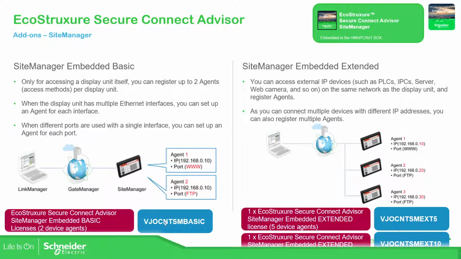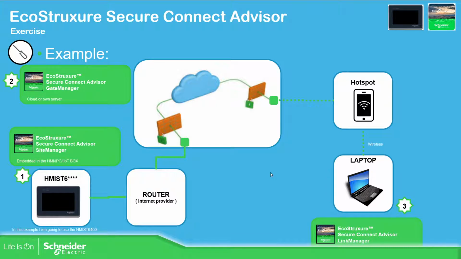And here again, you can see the license. So for this test, what I want to do, just to show you that it's working, I'm going to use the HMI connected to my router, and then I'm going to use my mobile phone to connect to the laptop, and then create all the tunnel here to connect from one side to the other.